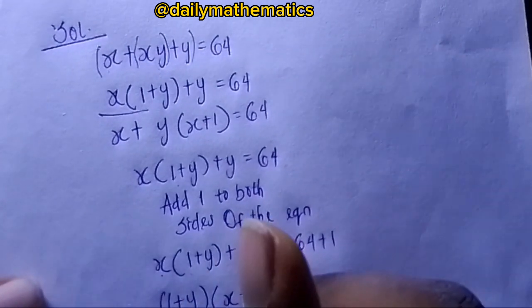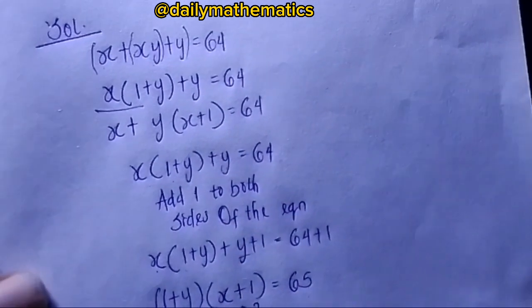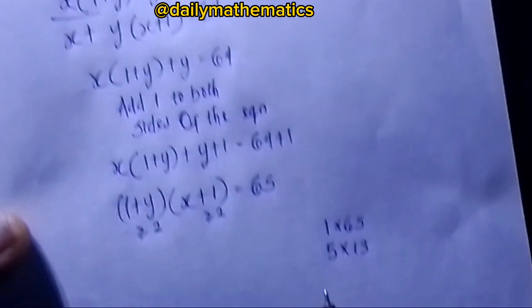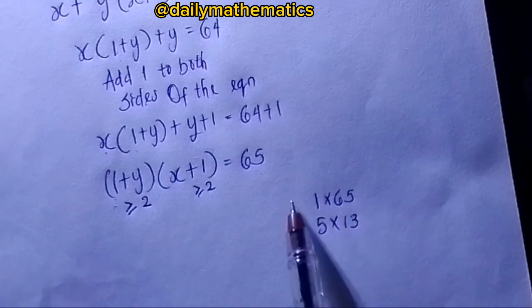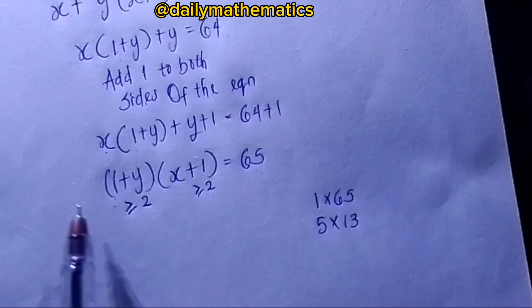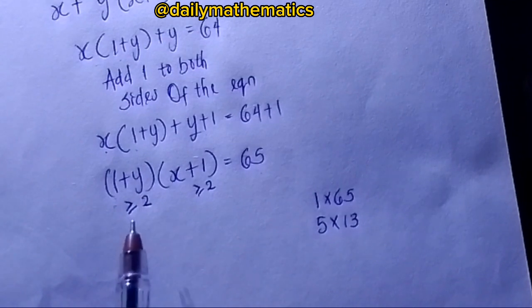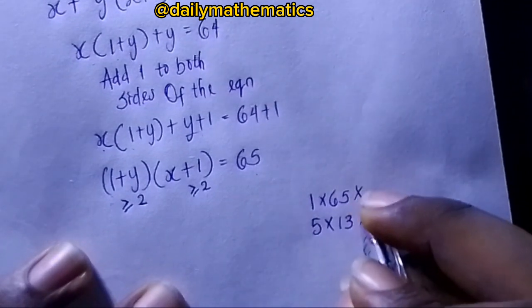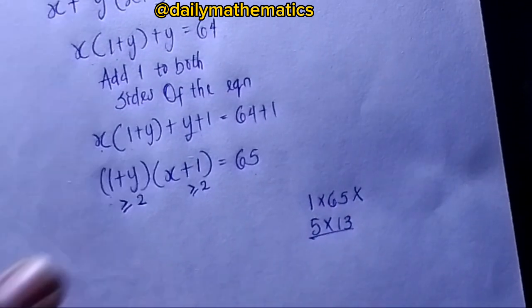But with the factor 1 times 65, one bracket would be equated to 1, which is wrong. So we can't use this factor.